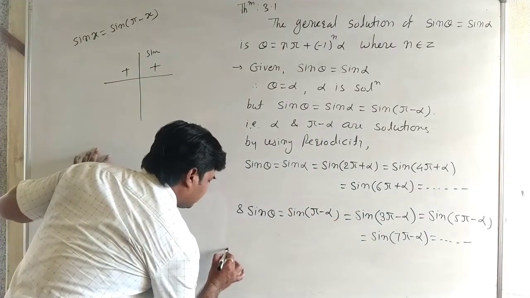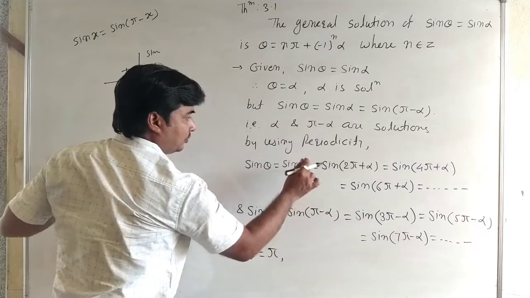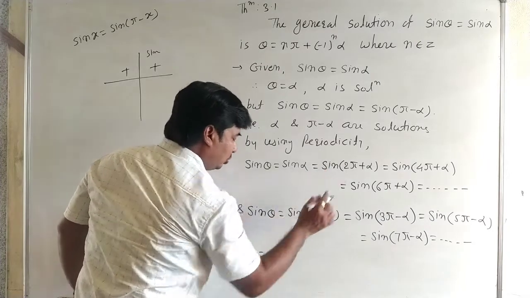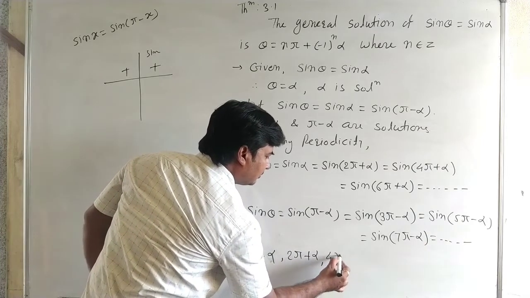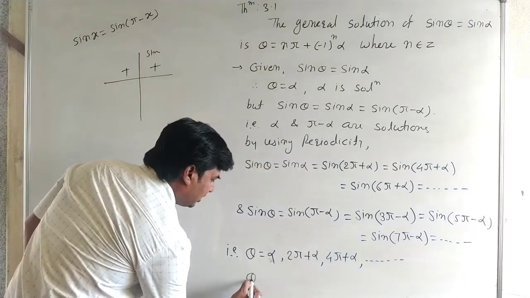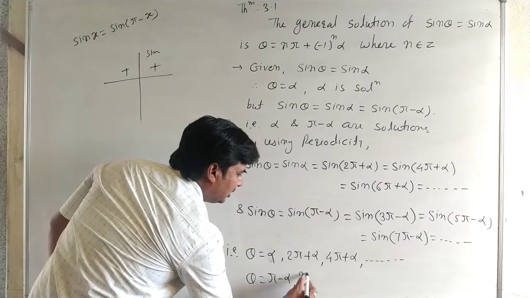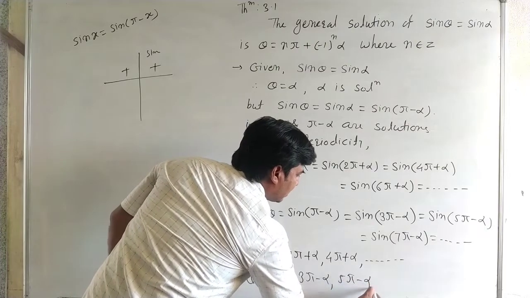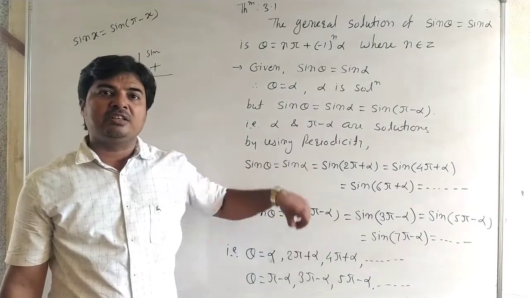That is, theta is equal to, first we take alpha, then 2 pi plus alpha, 4 pi plus alpha and so on, and theta is equal to pi minus alpha, 3 pi minus alpha, then 5 pi minus alpha and so on. This is the solution by using the periodicity, and it is the general solution.